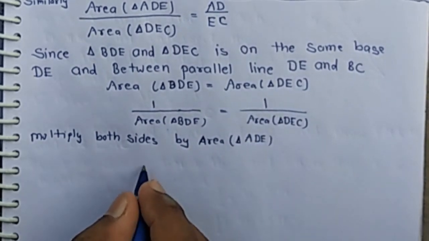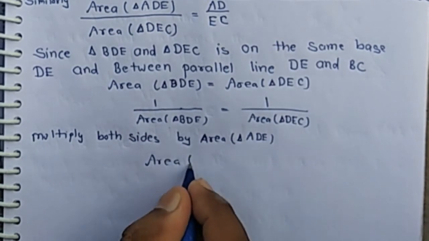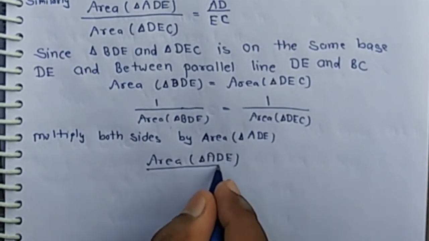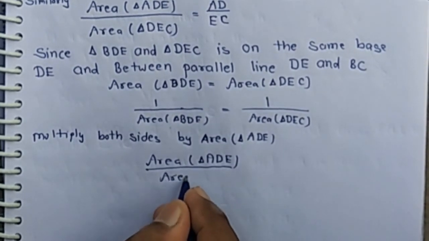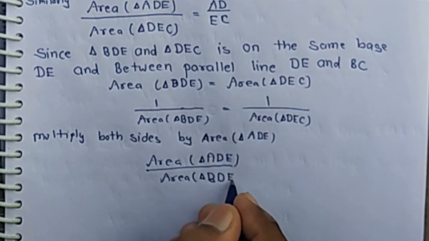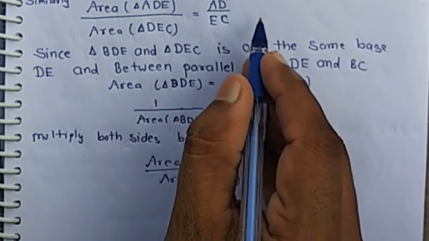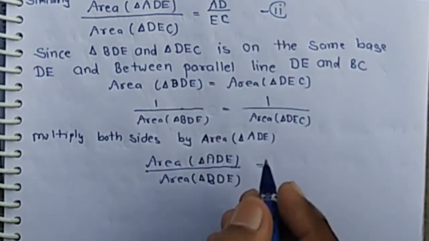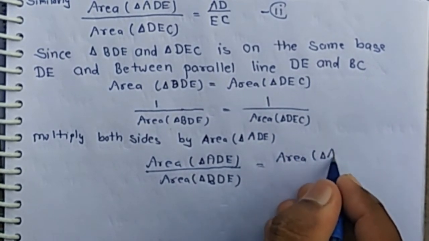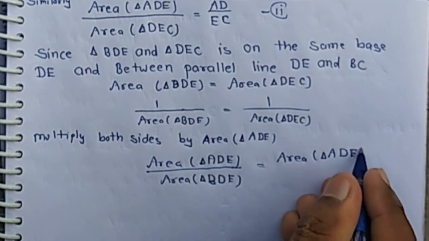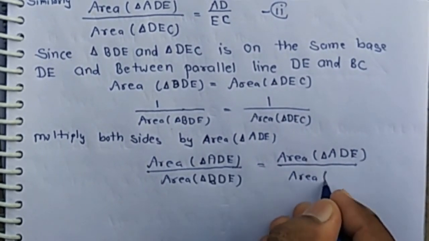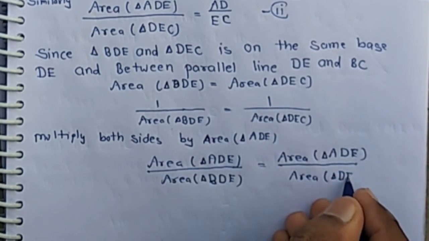We have area of triangle ADE by area of triangle BDE. It is the second equation. Area of triangle ADE by area of triangle DEC.